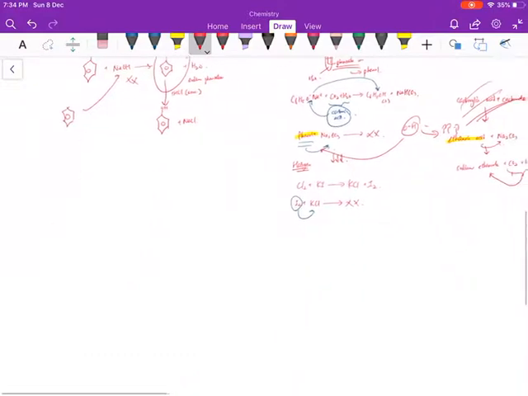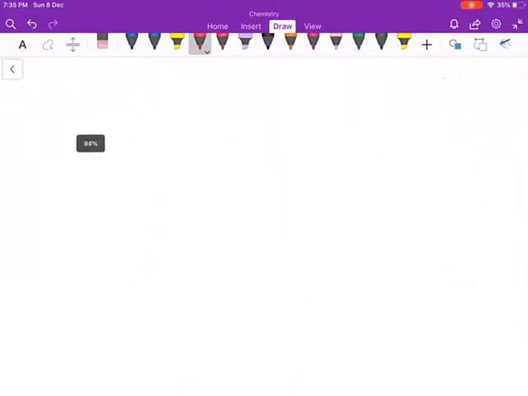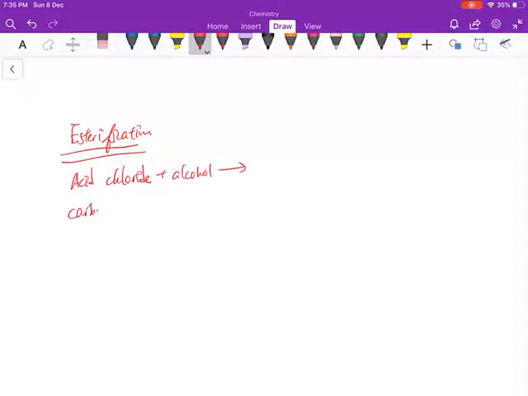Now, let's move on to another example, which I find more interesting, which is esterification. In normal cases, we know that we could use acid chloride and react it with an alcohol to form an ester. We could also use carboxylic acid and alcohol to form an ester.